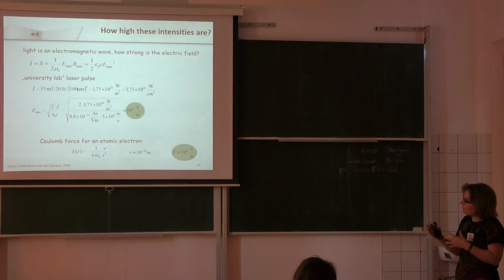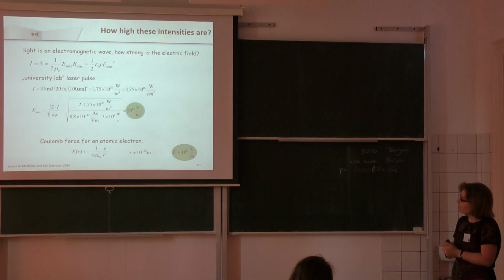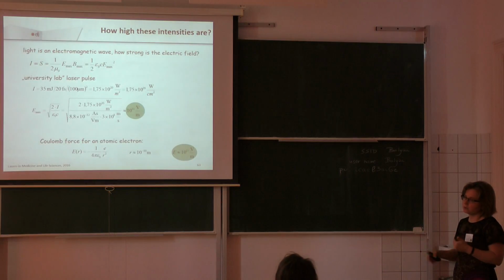I have already touched on this subject very briefly, but here I have a numerical example. The intensity of light is related to the electric field strength, because light is an electromagnetic wave, so there is an electric field strength which is oscillating. And the intensity is the quantity which is proportional to E squared, the electric field strength squared.